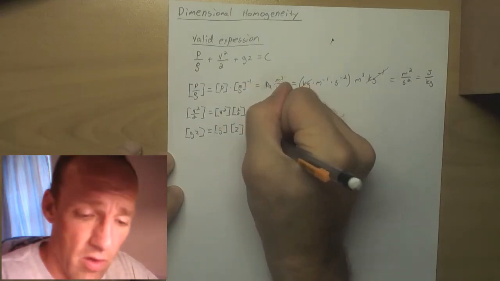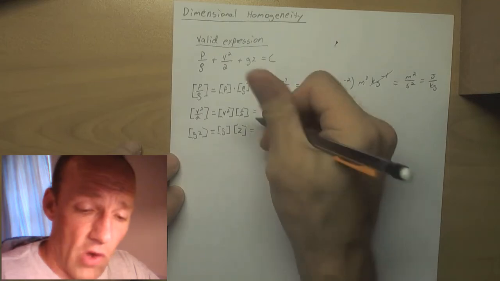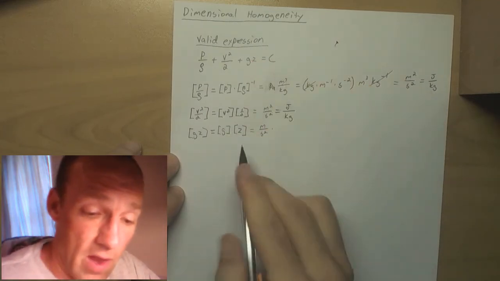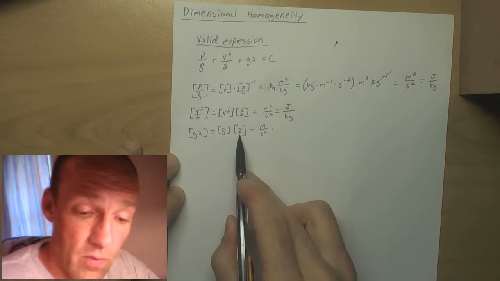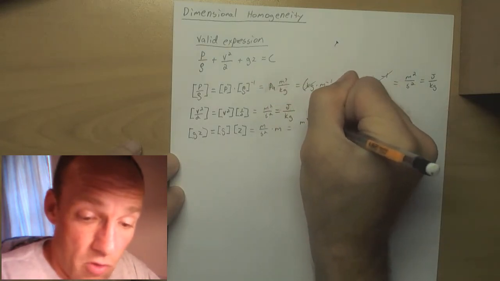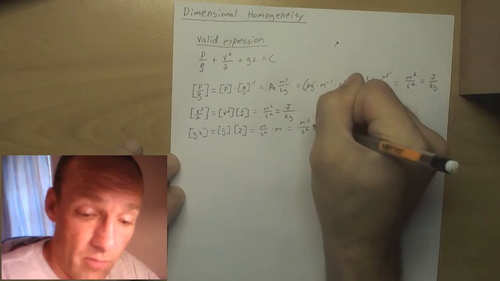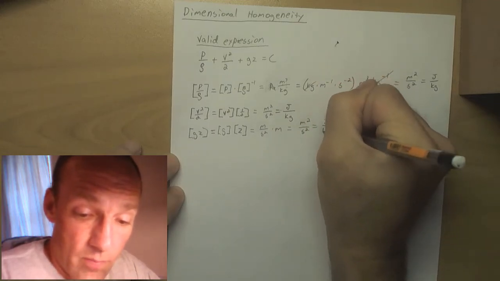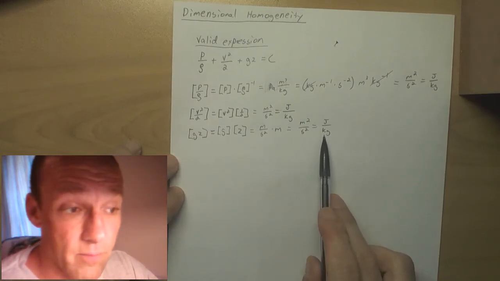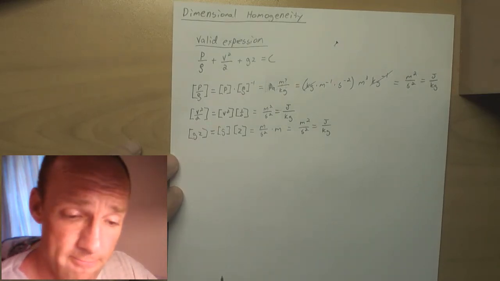So this is acceleration, which is meters per second squared, and then units of length, just another meter. And so I got meters squared per second squared, again, units of energy per unit mass.